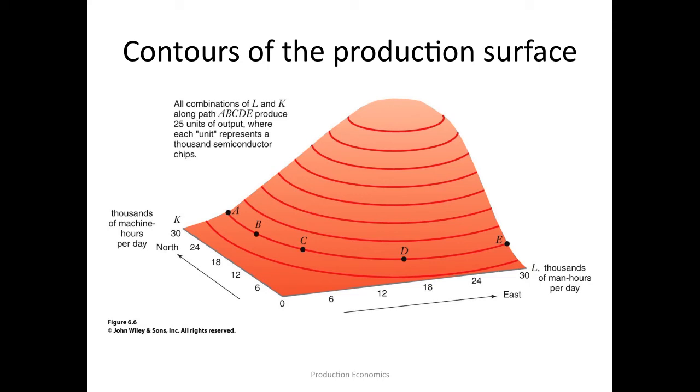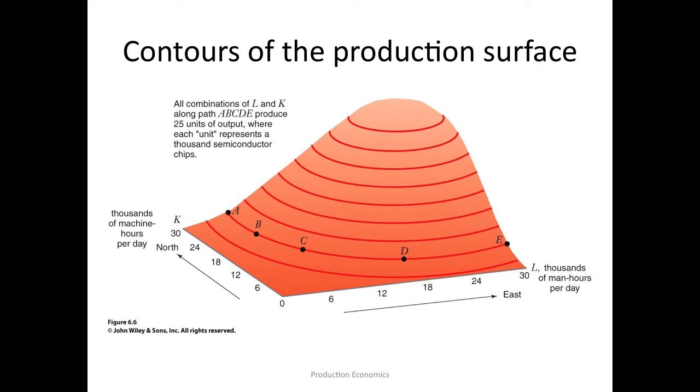These are very much like contour lines on a topographical map, where as we move further and further away from the origin and up the production surface, we're going to a higher and higher level of output. And again, we can think about what would happen as we vary one of the inputs. Let's suppose that we want to keep output fixed and that we're currently producing at point B. At point B, we have 18 units of capital and 6 units of labor.